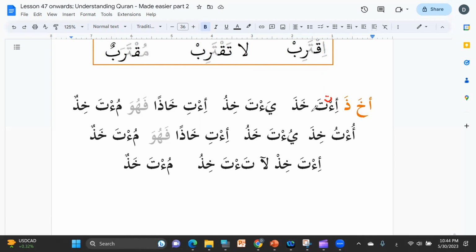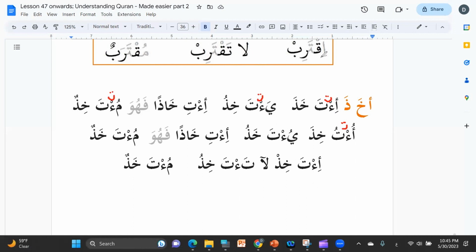So it becomes ittakhaza yattakhizu ittikhazan fahuwa muttakhizun. Every time there is a hamza, they replace it with ta. Uttukhiza, again hamza. Uttukhiza yuttakhazu ittikhazan fahuwa muttakhazun.